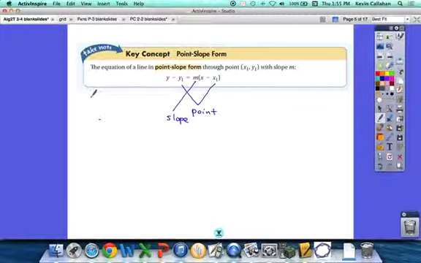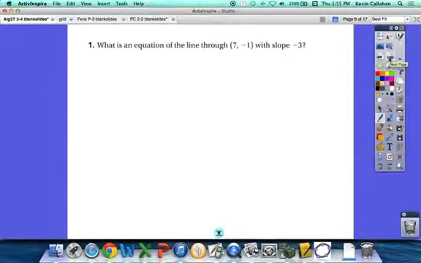So the first couple examples, pretty easy. If they give you the point and the slope, then you should be able to use that. Here's going to be our x1, y1, and here's going to be the m. So using this equation, y minus y1 equals m times x minus x1, we're going to substitute.